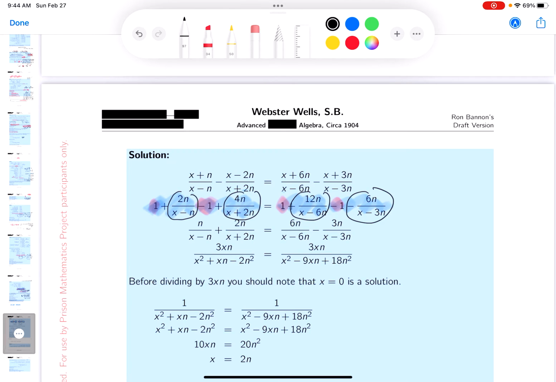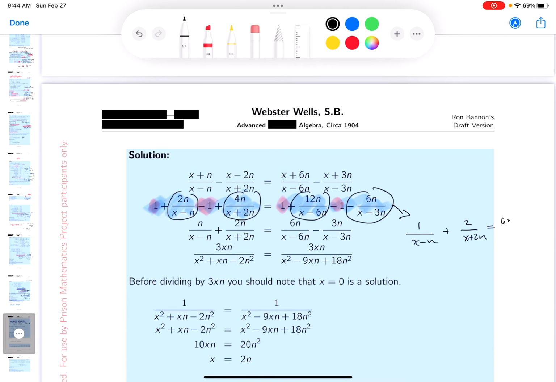All right? Now I'm going to do something a little different from what's in the key over here. I'm going to divide every single term by 2n. And what would you get? 1 over x minus n. I'm doing something that's not in the key, by the way. Plus 2 over x plus 2n equals, well, 6n.